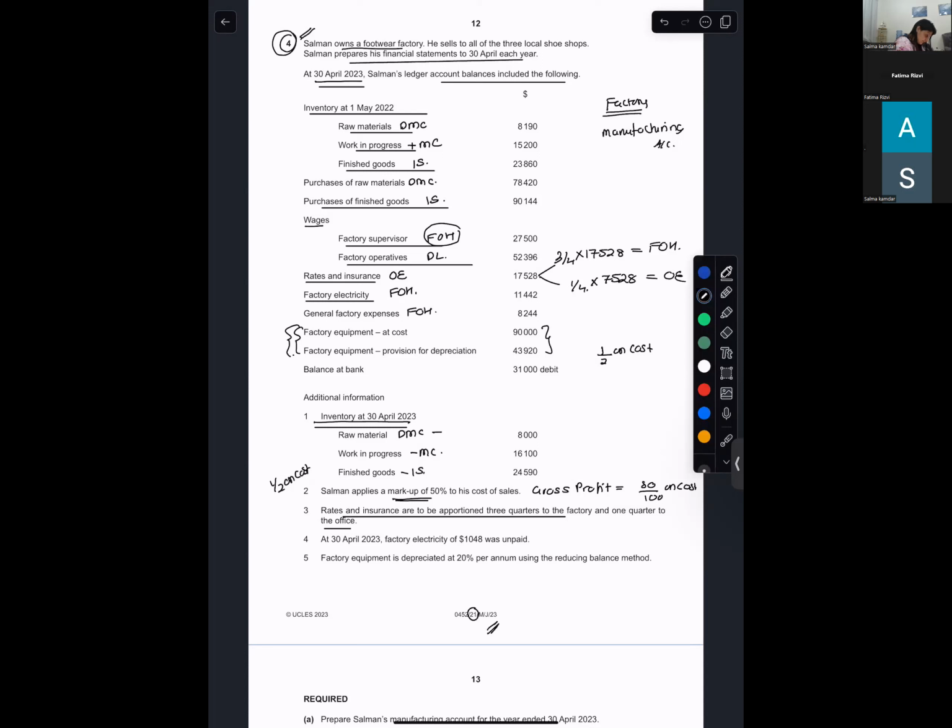Very good. At 30th April 2023, factory electricity of 1048 was unpaid. So we will add it.